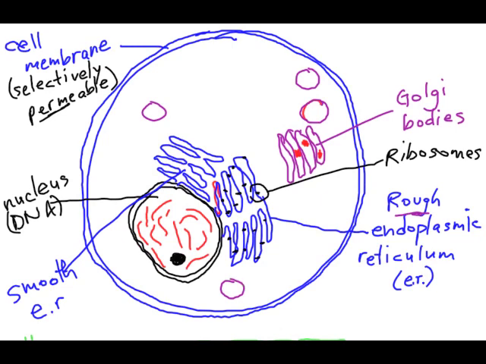So they'll store material, they'll store proteins, and let's say this protein here makes its way towards the membrane, and then it fuses with the membrane. Okay? So it fuses with the membrane.